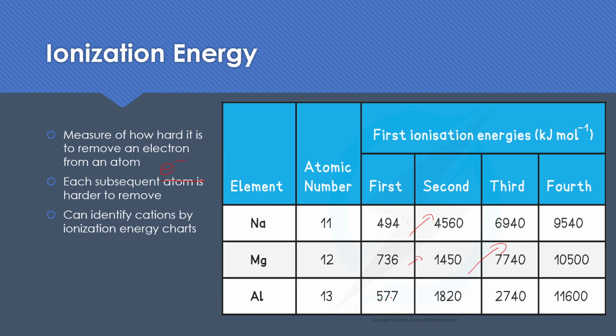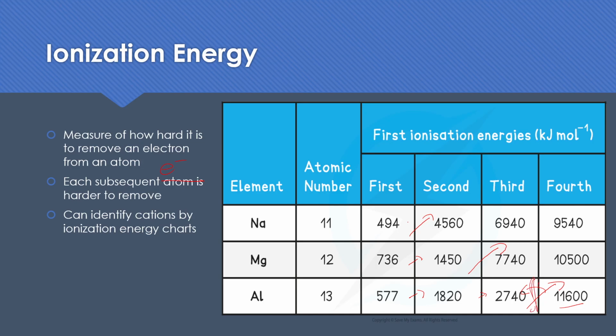So then for aluminum, 577 triples to 1820, not even double to 2740, and then a huge jump up to 11,600. So little jump, big jump. When you see that big jump, that means you're not taking this electron, it stays, which means you're only going to take the ones that came before it.